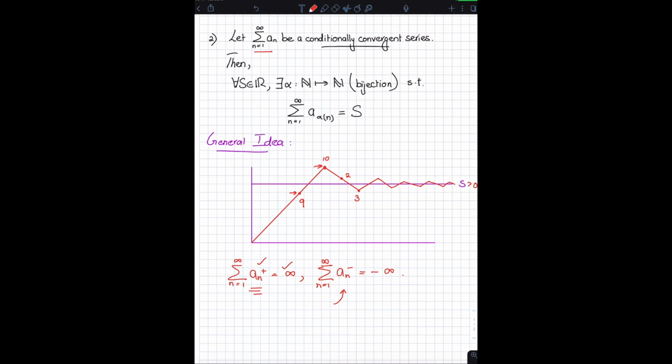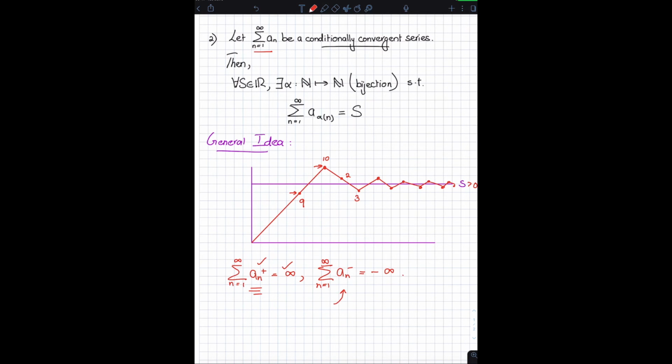At each point, this is the new sum. At each point, the sum is going to get closer and closer to s, until eventually I can conclude that the sum converges to s. So that is the general idea that we will use throughout the proof. That is, if we add a certain number of terms, I'm going to get something greater than s, then I'm going to get something smaller than s if I add enough negative terms to it.